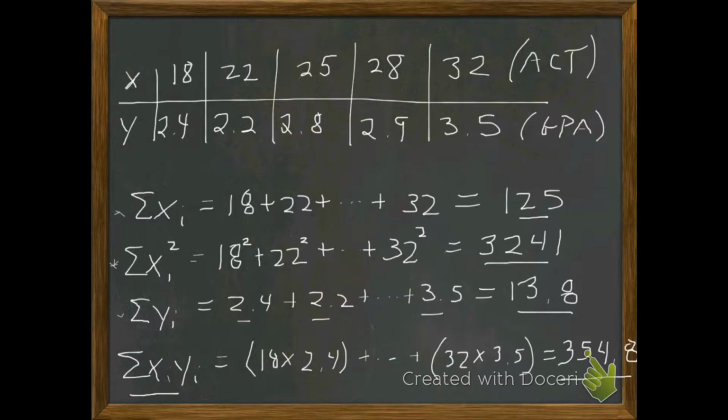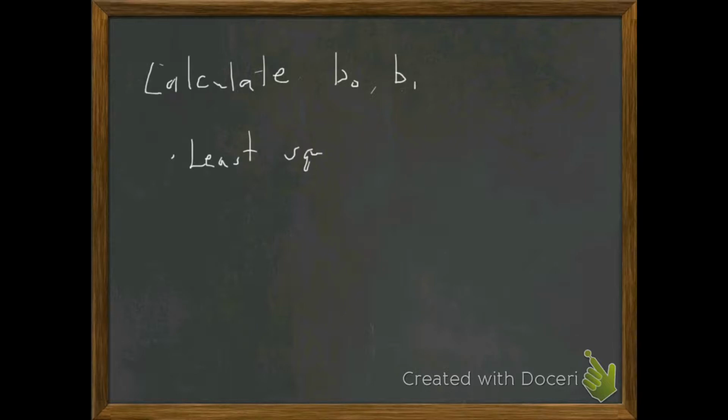Now, guys, so far we've seen a couple of ways to calculate B0 and B1. One, of course, is using least squares. Let me try just writing with my finger.